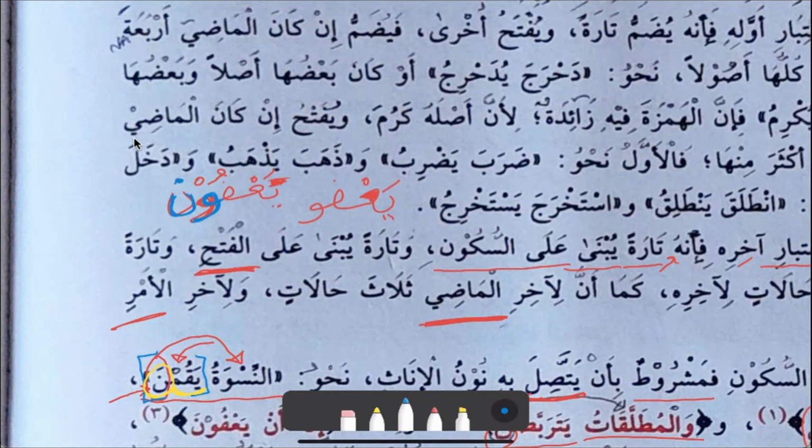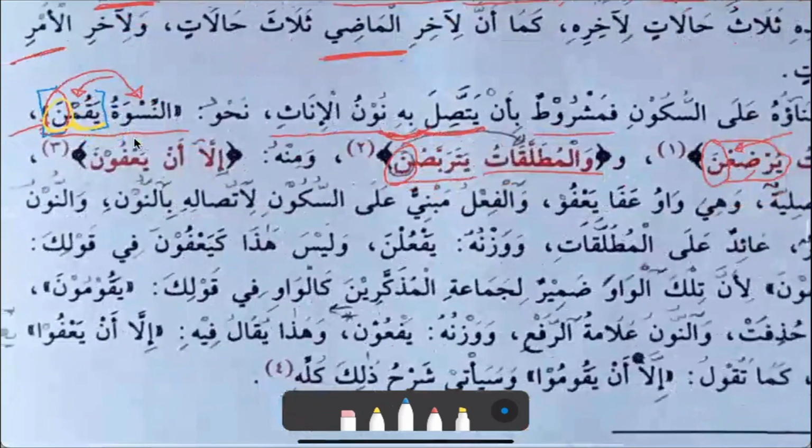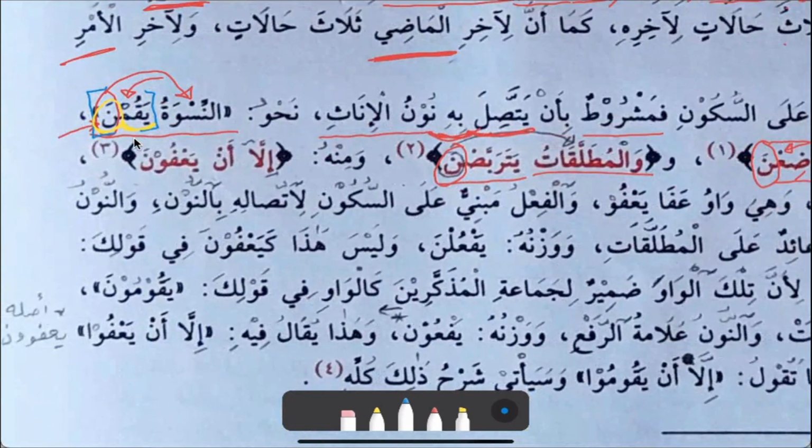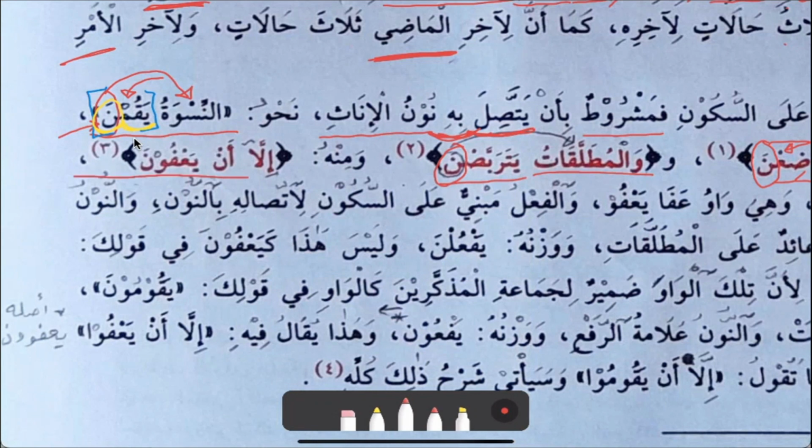But it's not. It's just that this is the noon of the women. And because this verb by itself ends with a wow, someone might slip there and think that's a masculine verb. So the author produced that for us here to teach us a lesson. So let's see what he has for us.